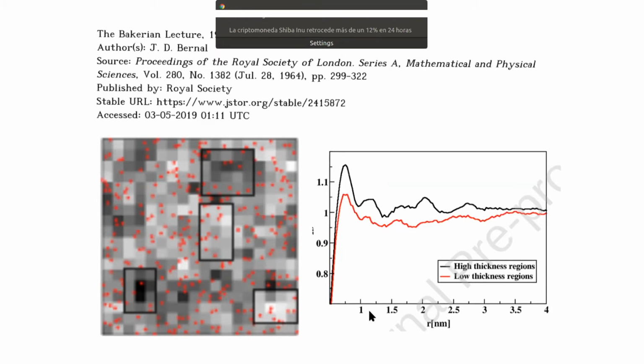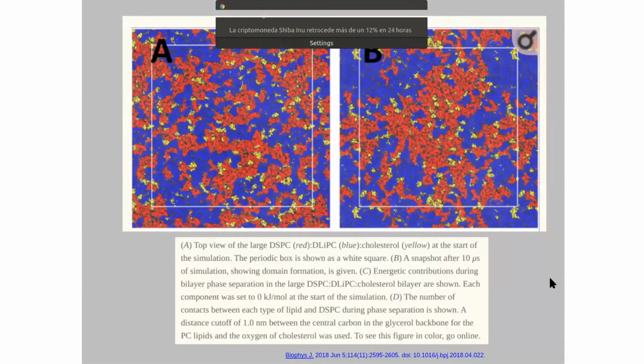And this difference lasts for nanoseconds or more, so it has impact on what is happening at the surfaces. For instance, this is the case where you have a more complex bilayer. You have esterol, which is yellow, and two types of phospholipids. These are results not from us, but from Peter Tieleman in Biophysical Journal. From here to here is 10 microseconds.